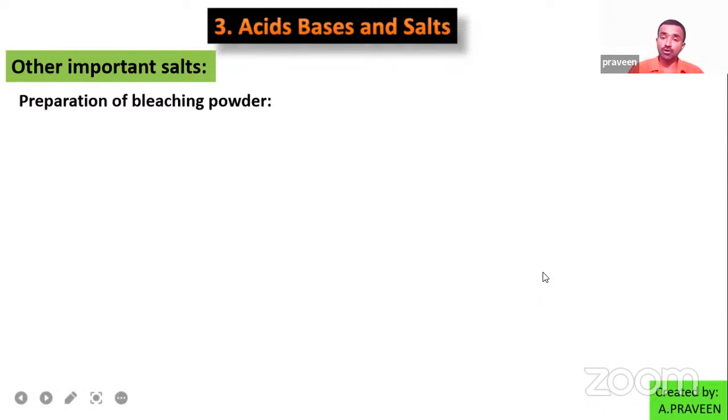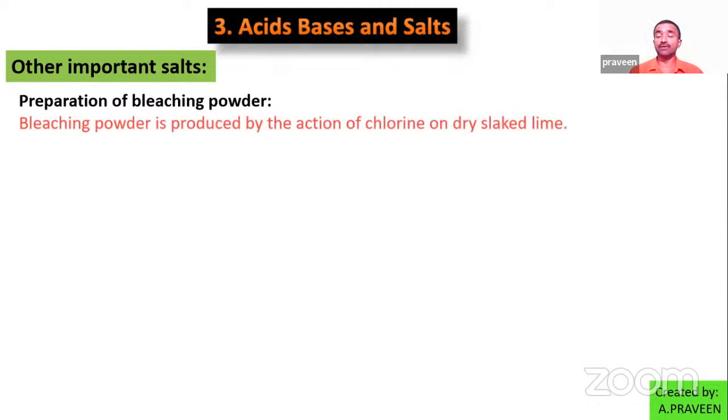Bleaching powder is produced by the action of chlorine gas on slaked lime. What is slaked lime here? Lime water. Lime water, formula Ca(OH)2, calcium hydroxide, reacts with chlorine gas and produces CaOCl2 and water.